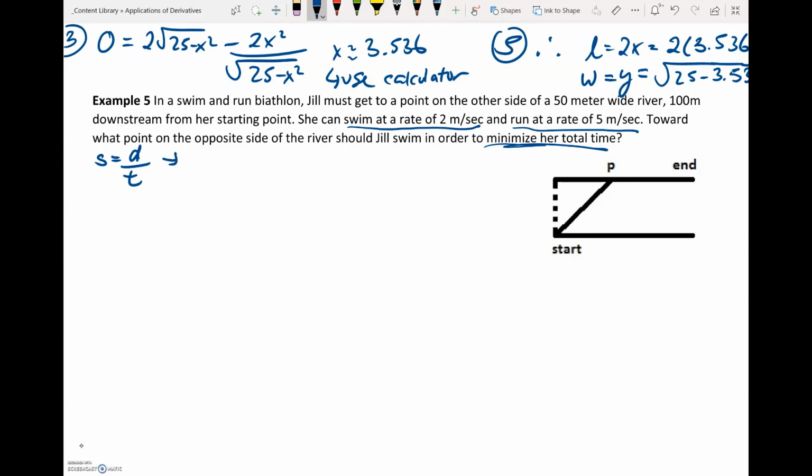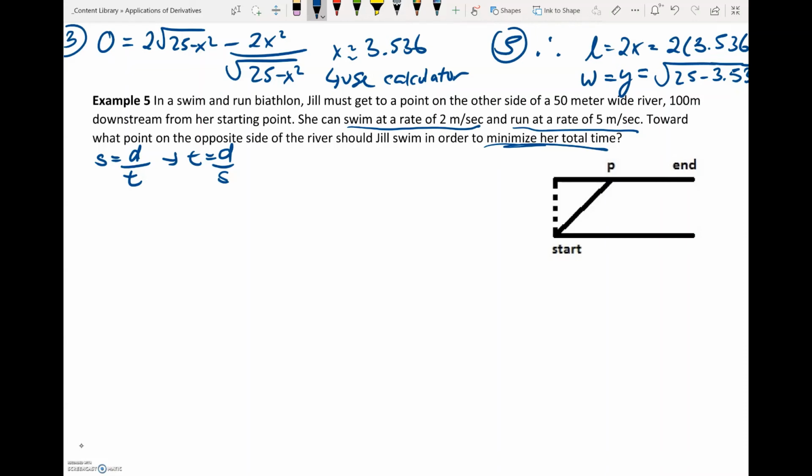And if I want to change this around, we know that time is then going to be distance over her velocity, because we want to minimize this. Now we don't want things in D and S and T, so we're going to take a look at this picture and see how we're going to represent this.